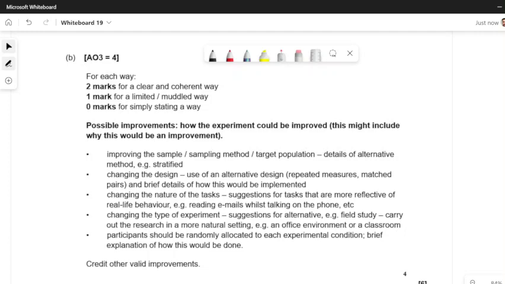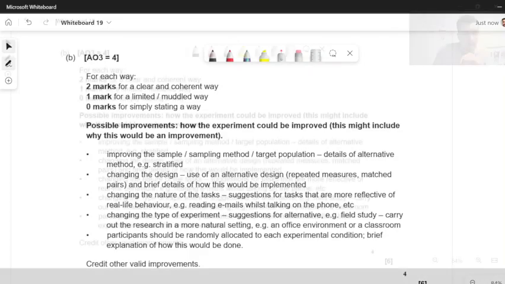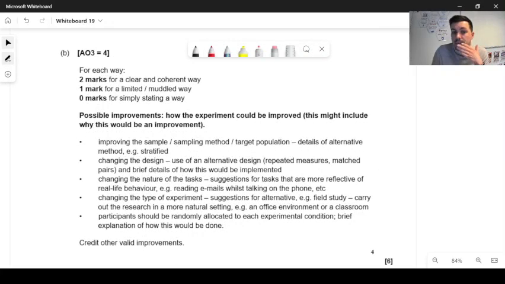What I would say is make sure you link to that word improvement, make it relevant to the study as well, and be clear and explain why it's going to improve it, and how it would improve. And as I said before, they do really like this type of question, so do be cautious and answer it in a nice, clear and coherent way, as it says up there on the top.